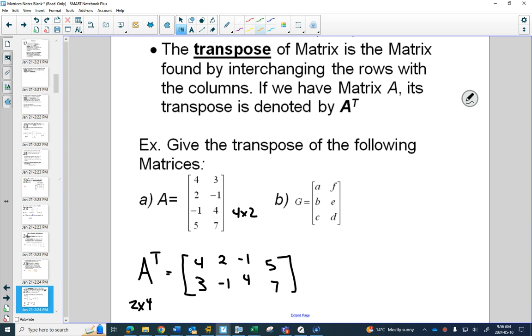So if we took, for example, an element in A, like A42, in the transpose, that's this one, right? That's my 7. If I switch things in my transpose, that element's now into 4.